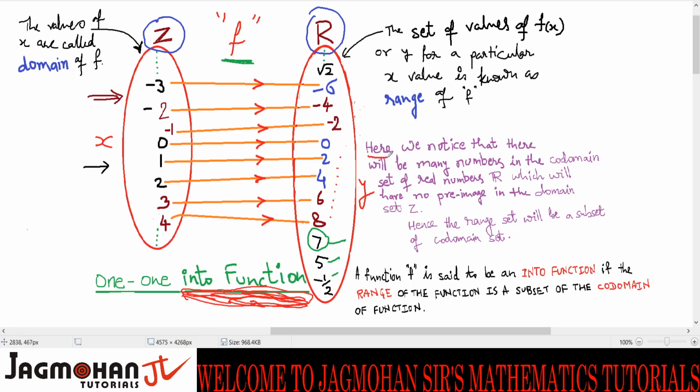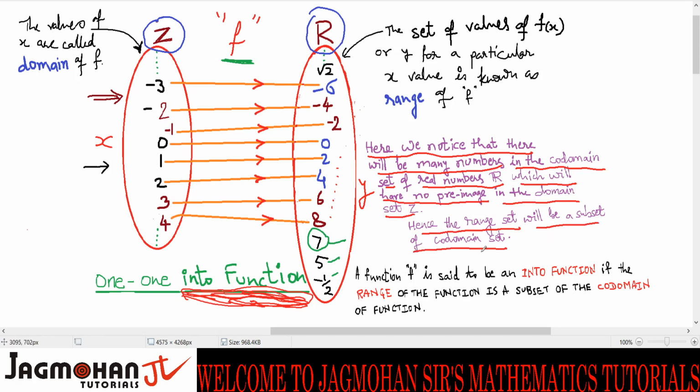Here we notice that there will be many numbers in the codomain set of real numbers R which will have no pre-image in the domain set Z. Hence, the range set will be a subset of the codomain set.